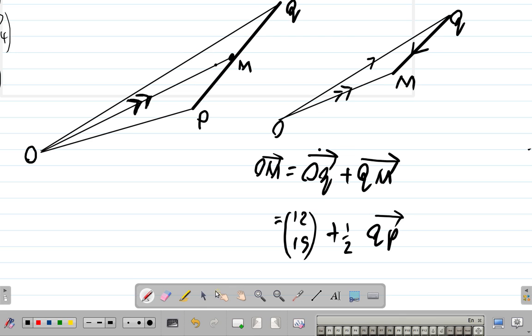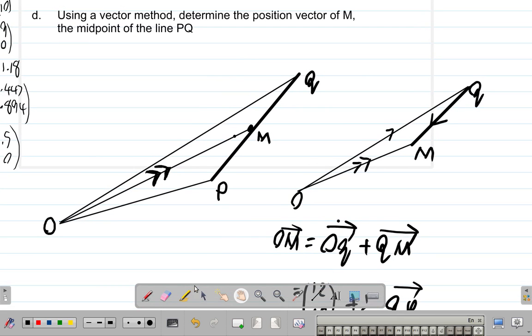Because if you go from Q to P, you go all the way there. But going from Q to M, you stop halfway. So QM is half QP.